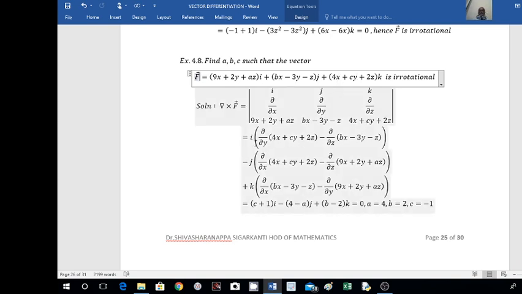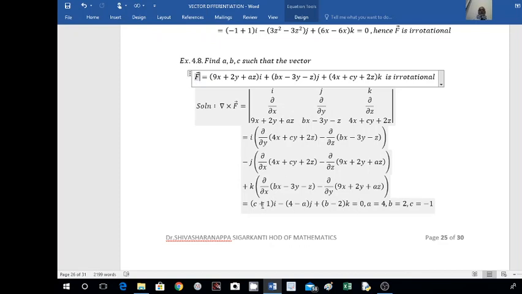Now expanding this, directly we can calculate i into dou by dou y of this term. Derivative of this is 0, derivative of this is 0, therefore the derivative of this whole term is only c. Minus dou by dou z of bx minus 3y minus z: derivative of this is 0, this is 0, this is minus 1.